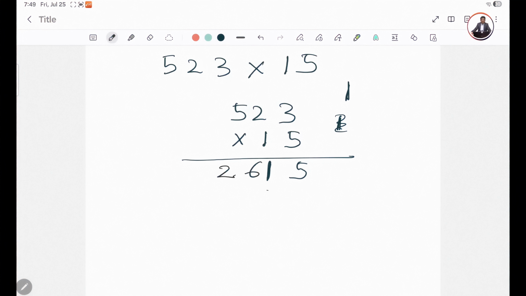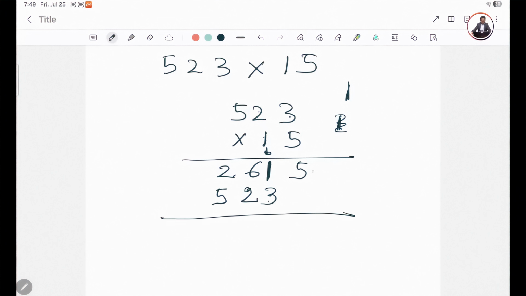And 1 times 3 is 3. Now I write this 3 right below this number 1, so you have to shift to the left 1 digit. So you're starting from here, right below this number, and 1 times 3 is 3 here, and 1 times 2, 2, and 1 times 5, 5.